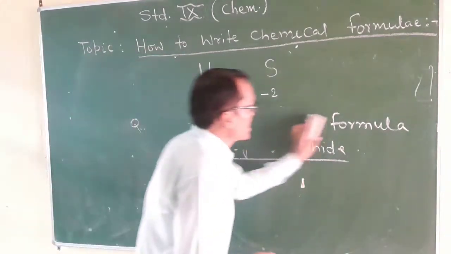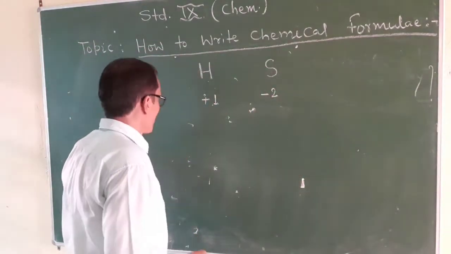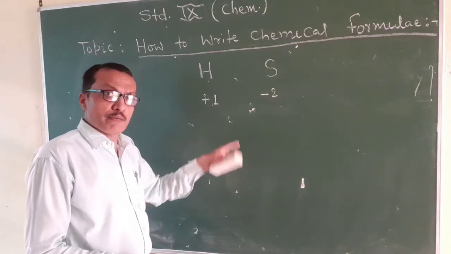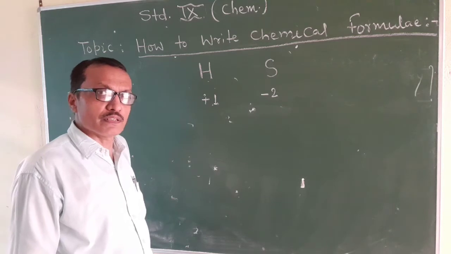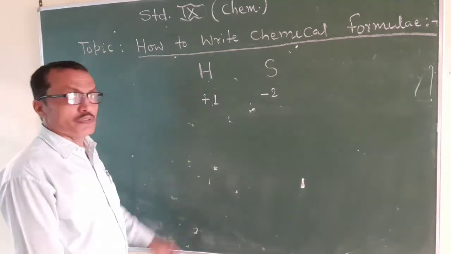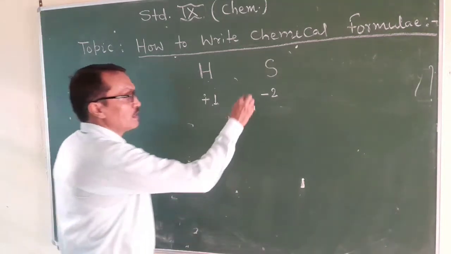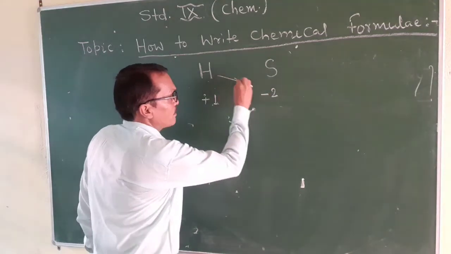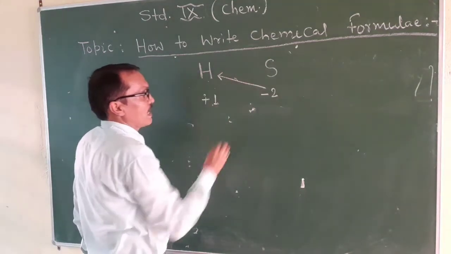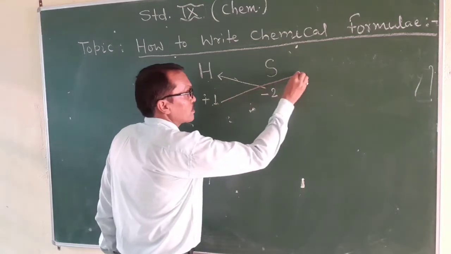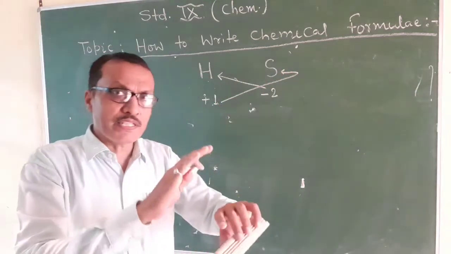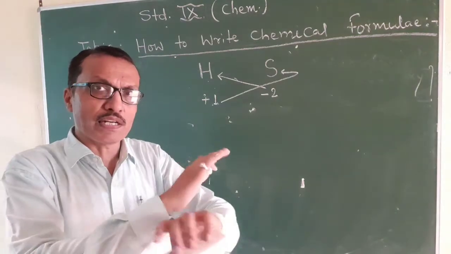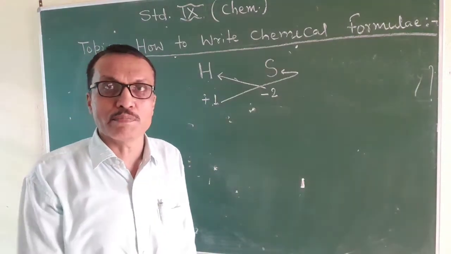Okay, so in this way, first of all, you have to show separately the symbol and valency of each element present in that compound. Okay. Now, finally, what you have to do? You have to arrange valency crisscross to write the chemical formula.